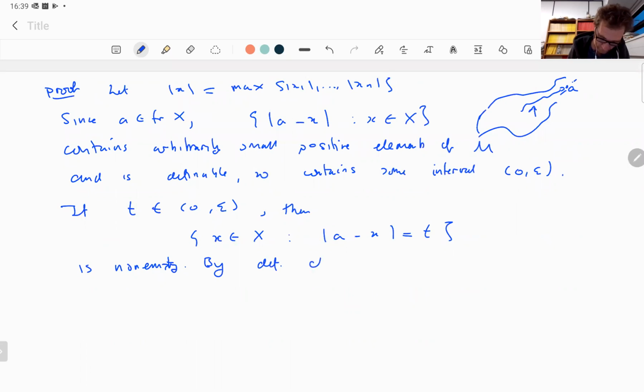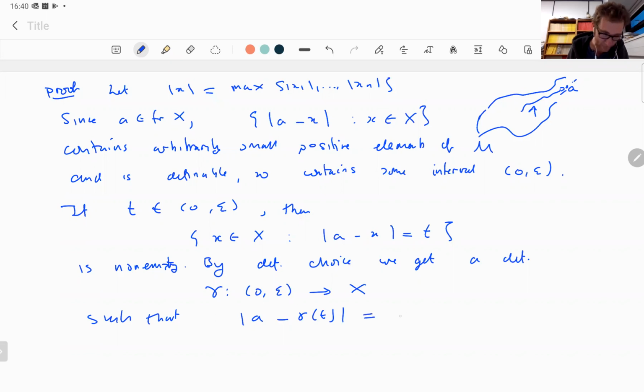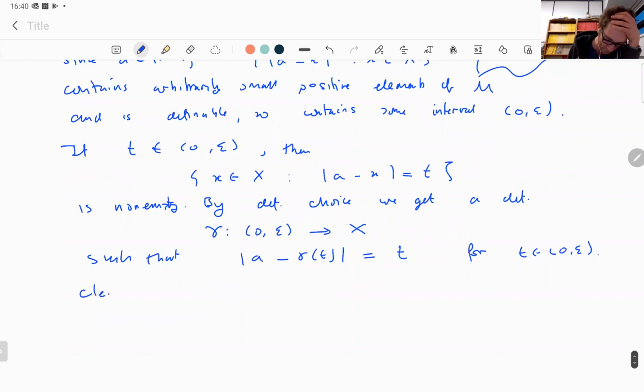By definable choice, we get a definable gamma such that a minus gamma of t has norm t for t in 0 epsilon. So then clearly gamma is injective, and it has limit a.